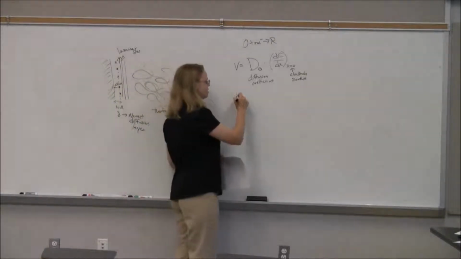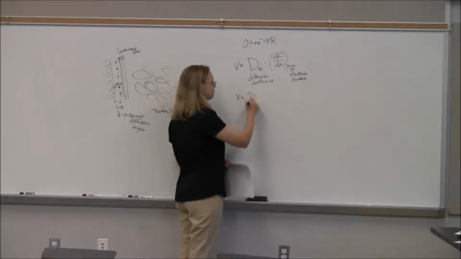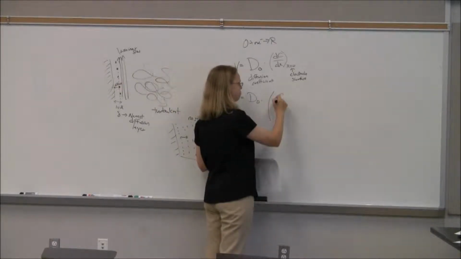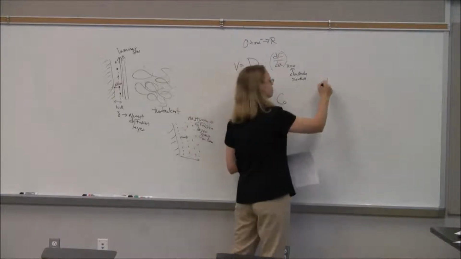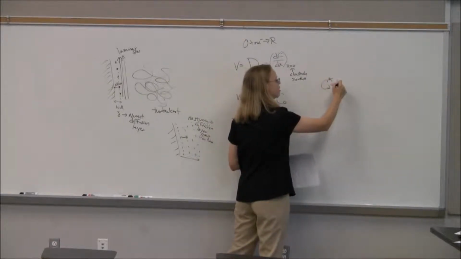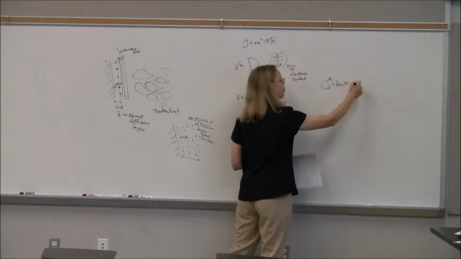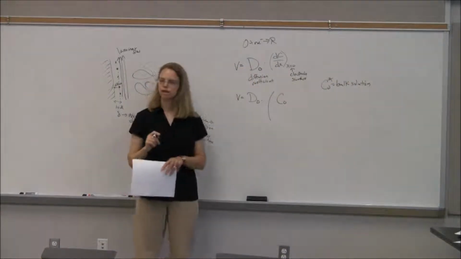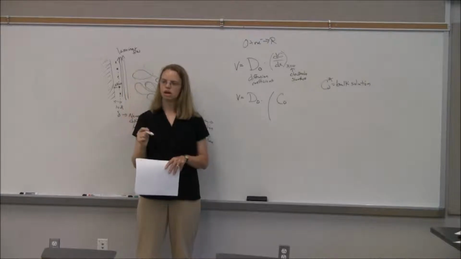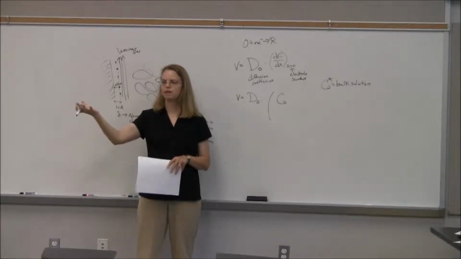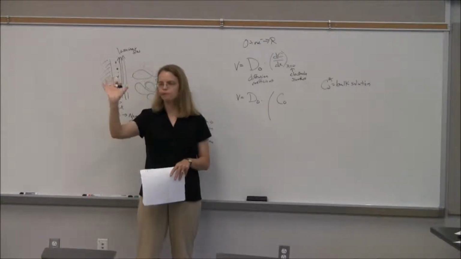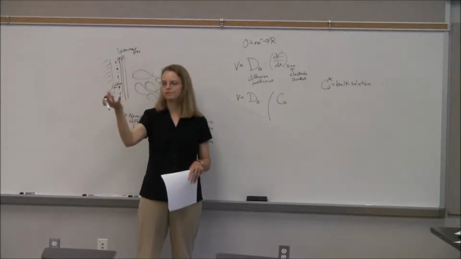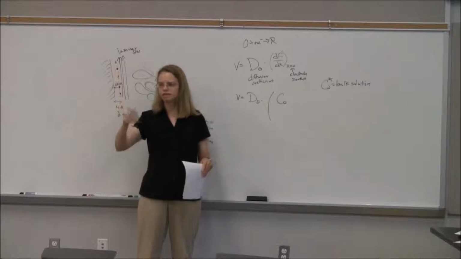Turns out that the velocity here ends up being, so I'm going to define a term here. C0 star is going to be the bulk solution, meaning out in the bulk I've got, say, 20 micromolar dopamine or something like that. We assume we never use up enough to really change the concentration.